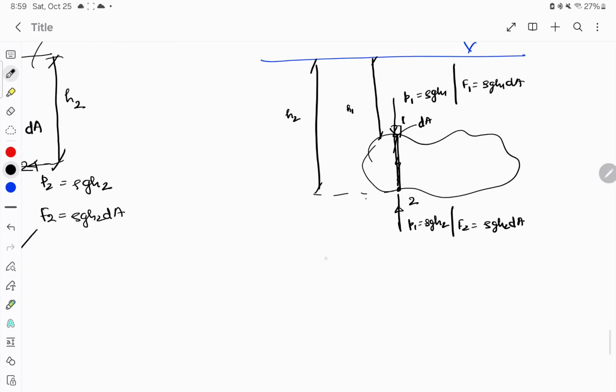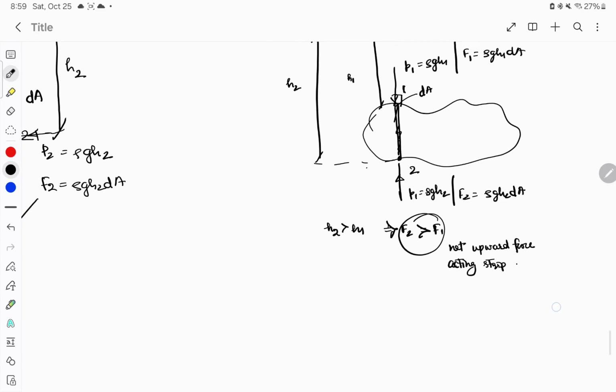Since h2 is greater than h1, f2 will be greater than f1, which means there is a net upward force acting on the strip, since we have considered a strip of area dA.